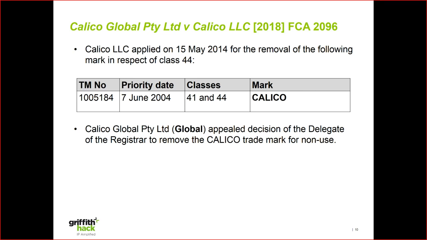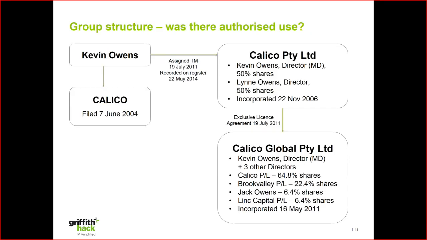There was some limited use in relation to fitness, and so Class 41 remained, but the American company really just needed to get Class 44 out of the road. Now, the reason why we're looking at this case today is because of the structure, and it's really important to understand the different structures with companies and how it can affect the authorised use requirements for trademarks.